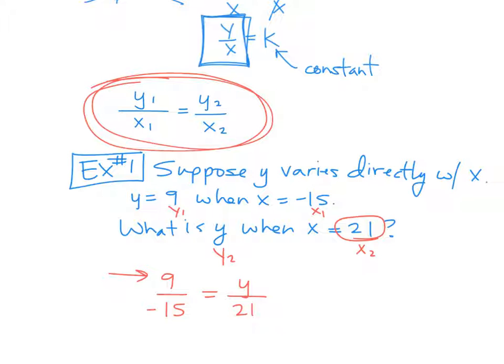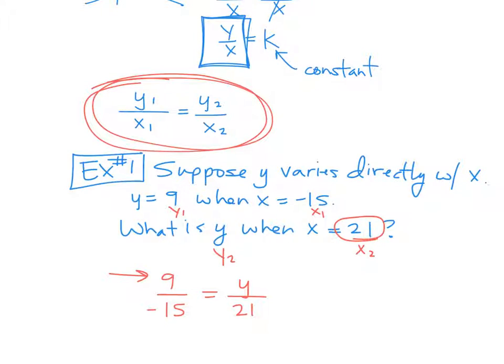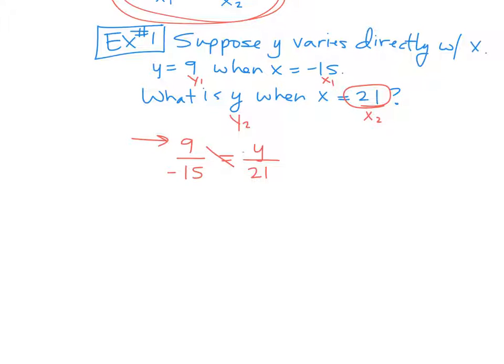Okay, now there's a couple ways you can do this. You can cross multiply it, or what is the other way you could do it right now? Multiply both sides by what? By 21. Okay, so you could do that. I feel like more mistakes get made with that because if it's flipped the other way, it doesn't work that way. So if you want to play it safe, just cross multiply every time. Which is what I will show you right now.